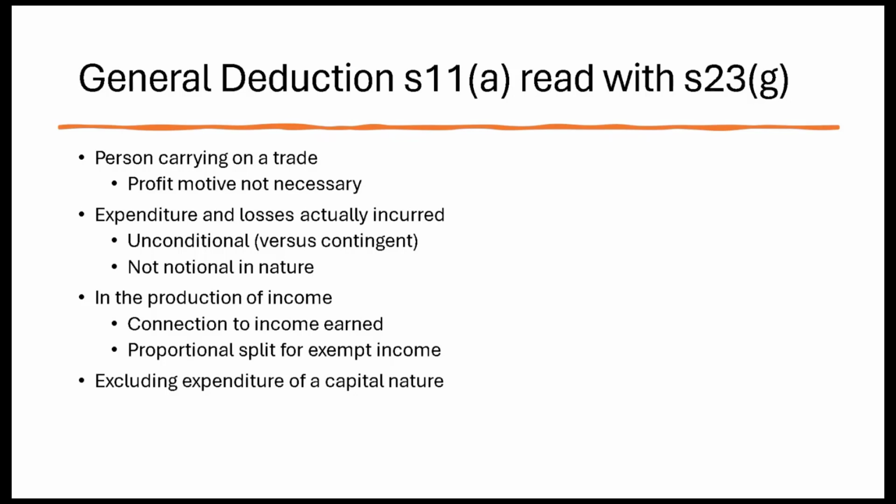So there's a concept that it has to be unconditional. You have to be obligated to pay or obligated to offer the service or obligated to do something. It cannot be contingent. What is meant by contingent? A contingency is something that exists due to the occurrence or non-occurrence of something else. So for example, somebody comes and sues me and says I taught them something wrong, they failed, and they're going to sue me for 10,000 Rand. That 10,000 Rand is not an expense for me because that has not been settled.